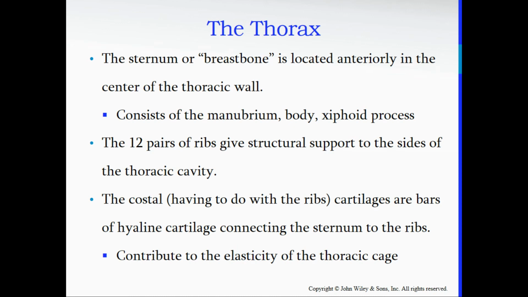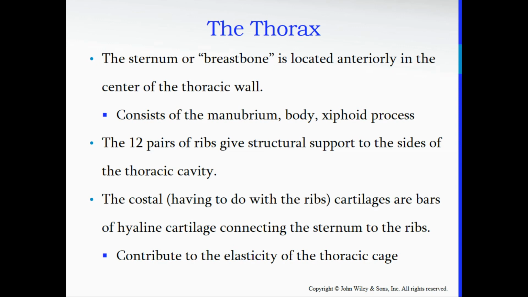The sternum or breastbone is located anteriorly in the center of the thoracic wall. This consists of the manubrium, which is the very top part of the sternum, the body, which is the middle section, and then the little tip down at the bottom called the xiphoid process. The 12 pairs of ribs give structural support to the sides of the thoracic cavity.